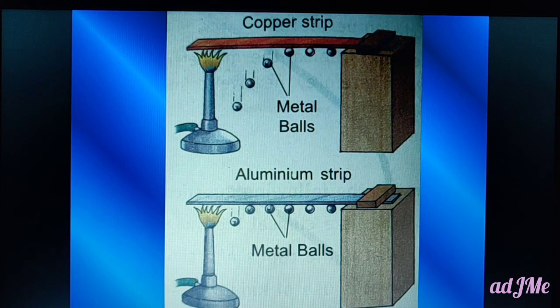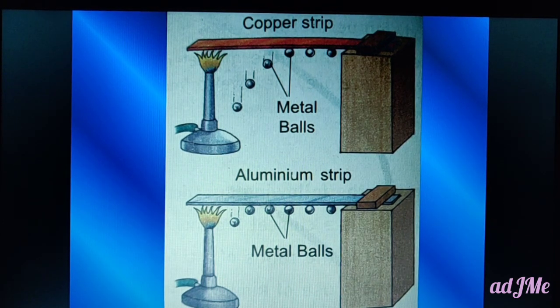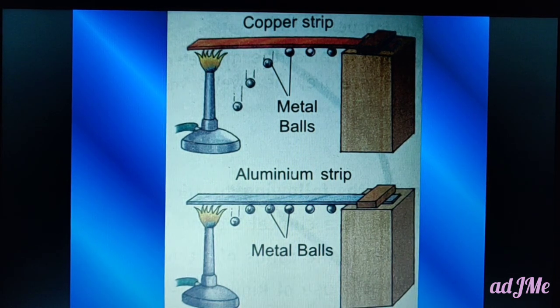Now we have to place the copper strip followed by the aluminum strip upside down such that the balls are at the bottom position. Fix it to a stand on one side, and on the other side we just place a burner.